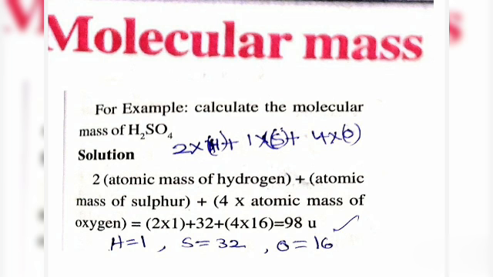The sulfuric acid formula is H2SO4. How many hydrogens are there? 2 hydrogens, so 2 into H, plus sulfur, only one, so 1 into sulfur, plus 4 oxygens, so 4 into oxygen.